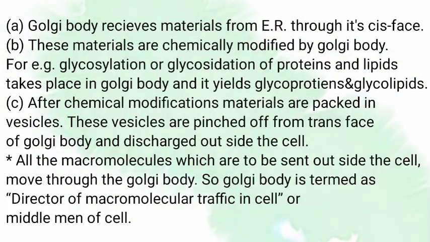For example, glycosylation or glycosidation of proteins and lipids takes place in Golgi body and it yields glycoproteins and glycolipids. After chemical modifications, materials are packed in vesicles. These vesicles are pinched off from trans phase of Golgi body and discharged outside of the cell.